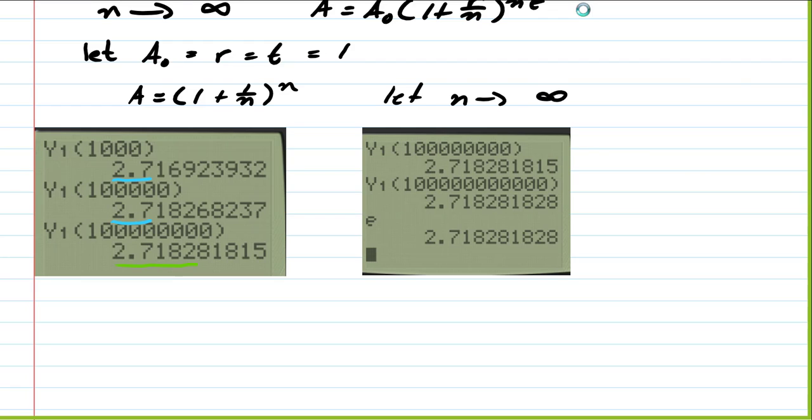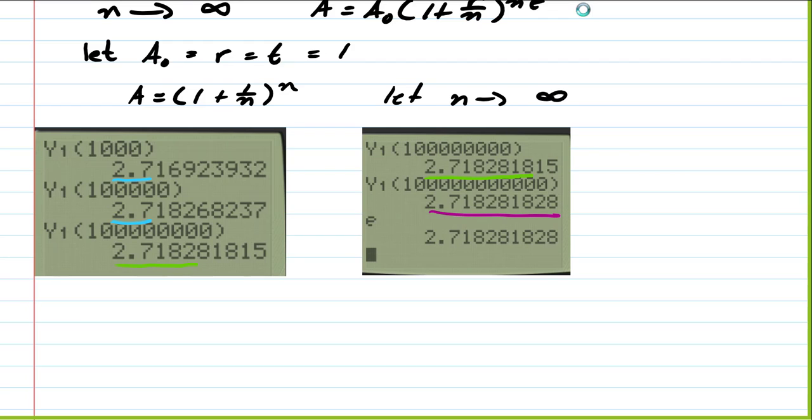And then these were the same, 2.7181. And then finally, 1818. And then lastly, this guy goes all the way out, right? So the bigger n gets, the closer we get to that behavior.